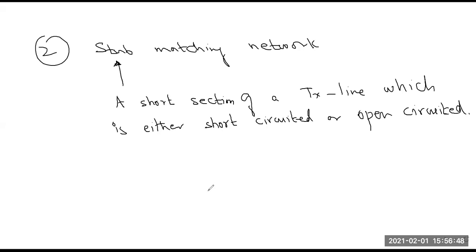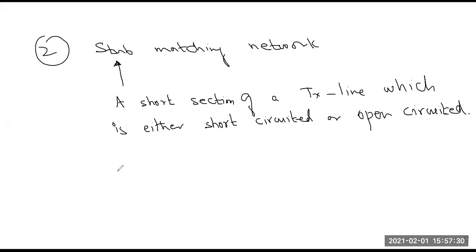During that discussion, I mentioned that this is something we will talk about in more detail when we consider the topic of impedance matching. So this is the same thing. We can use a transmission line for matching as well. But the important point is that the transmission line has to be either open circuited or short circuited. So let me refer back to that topic that we have already covered.